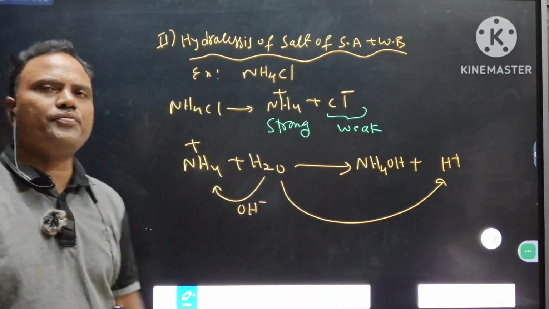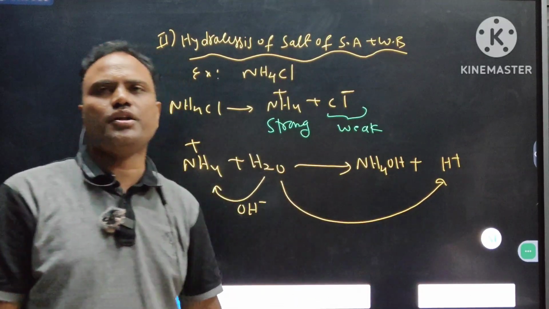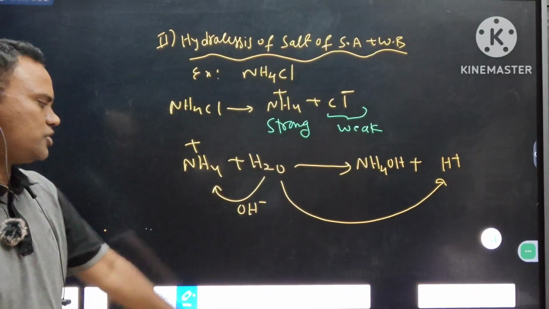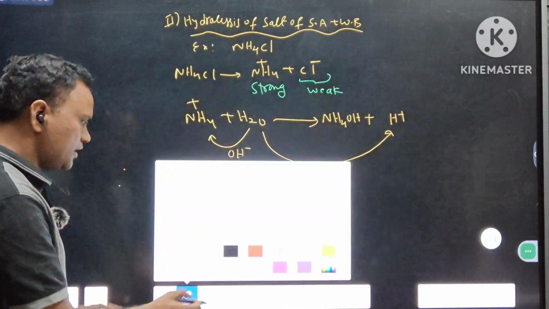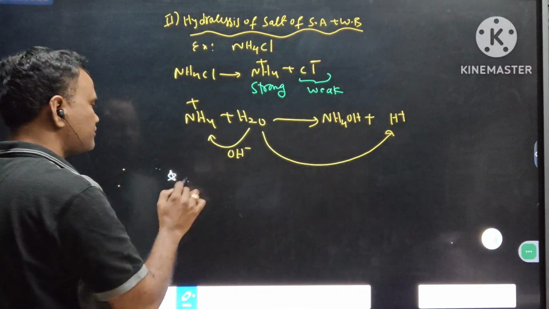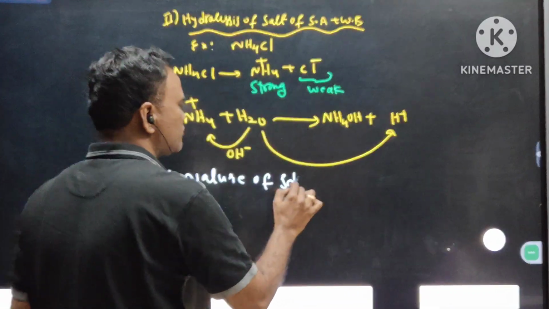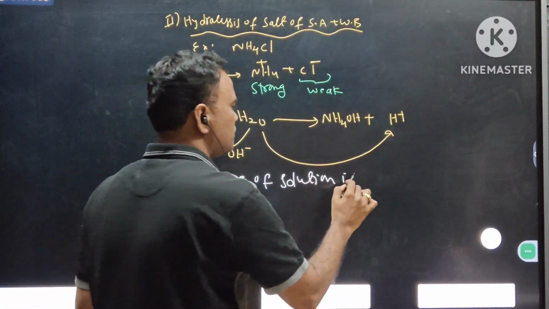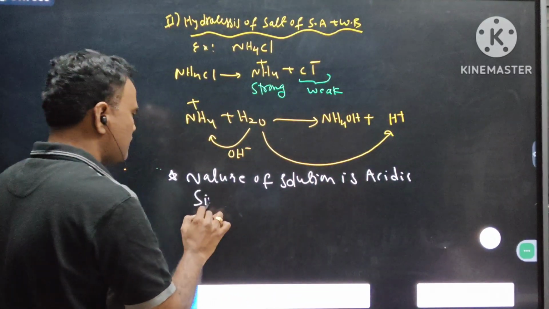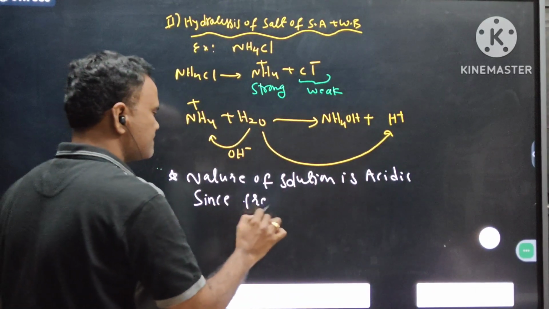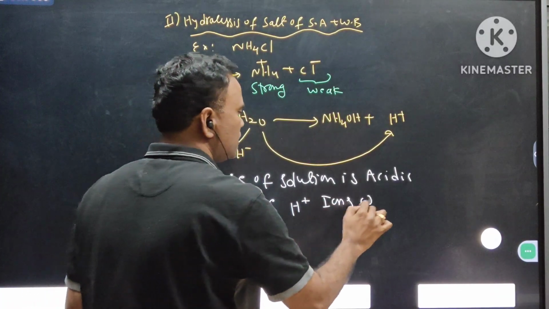In the solution, free H plus ions are generated, so the nature of the solution is acidic. The nature of the solution is acidic since free H plus ions are generated.